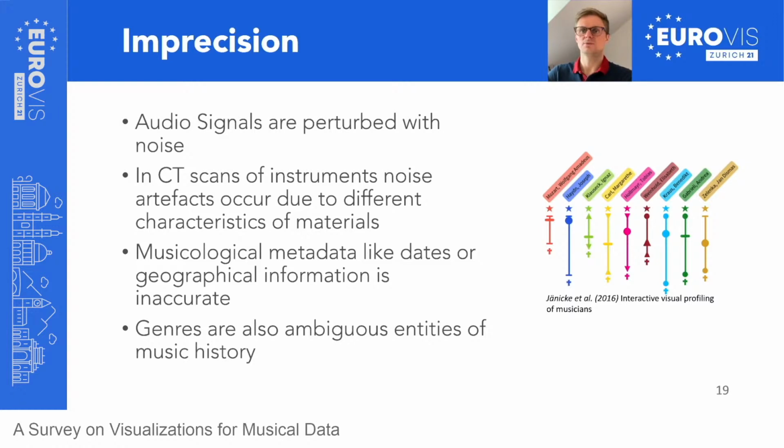And while dealing with these imprecisions is of high relevance for the analysis of results, it would also benefit the field to share the gathered knowledge of how to work with these issues. An example of communicating such imprecisions and adapting the visualizations to reduce the distortion has been shown by Jänicke et al.'s musicians profiling.